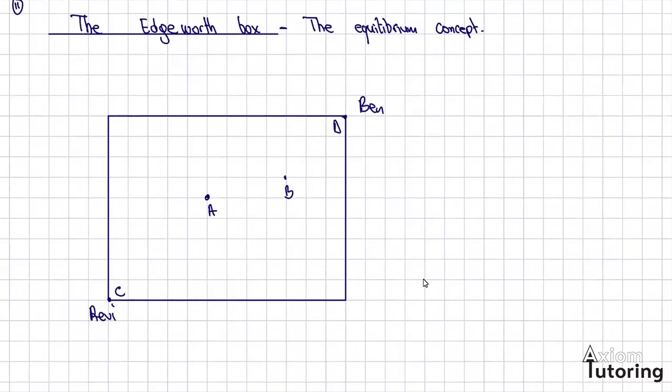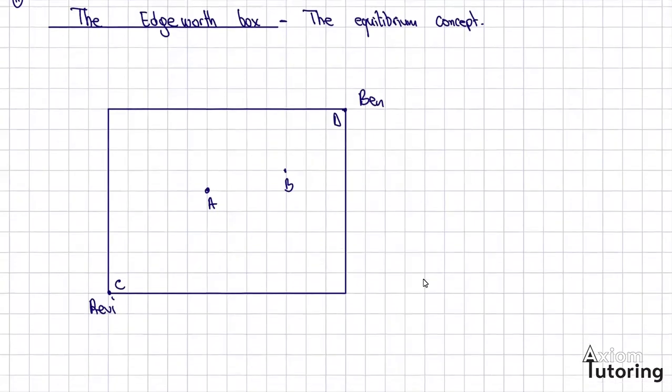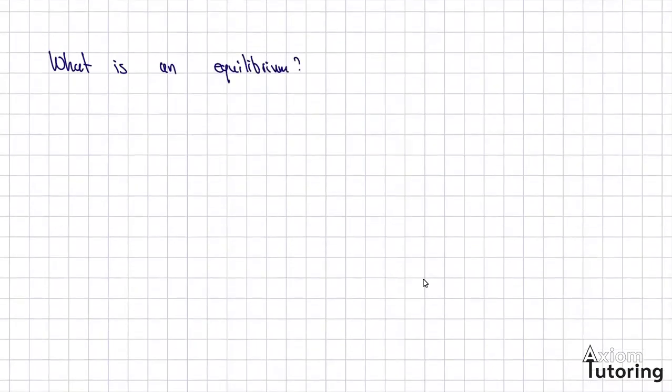So before we can dive into this, we first need to ask the question, what is an equilibrium? Well, the equilibrium is a set or a pair of prices. Okay, that's one thing.